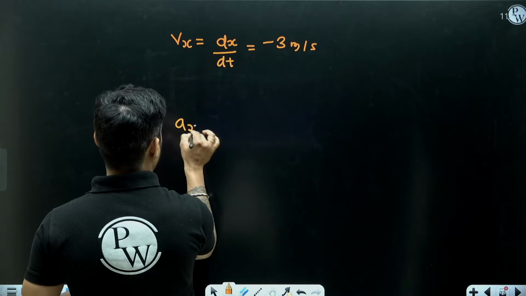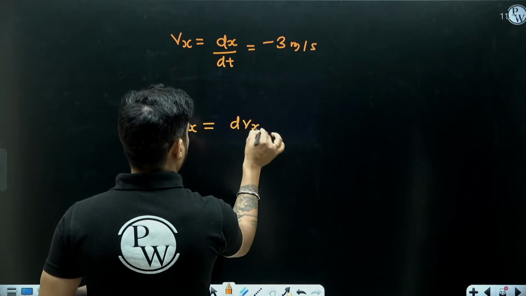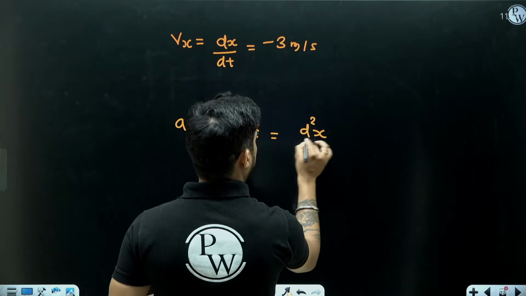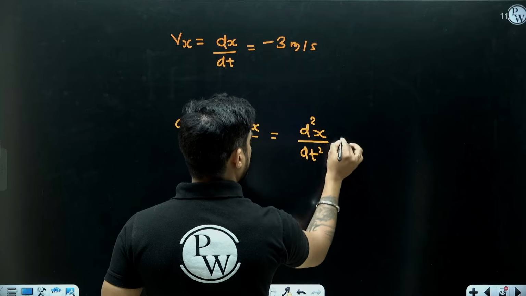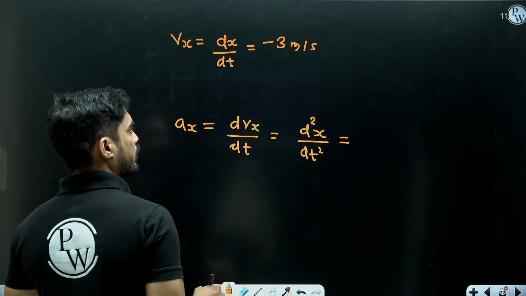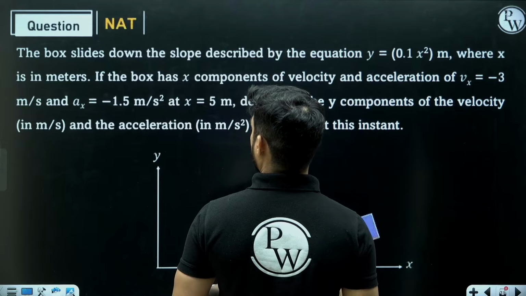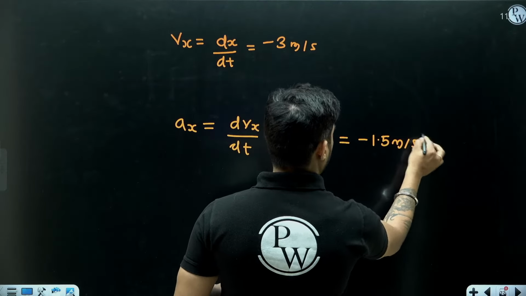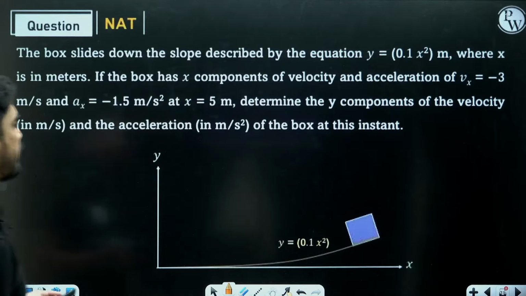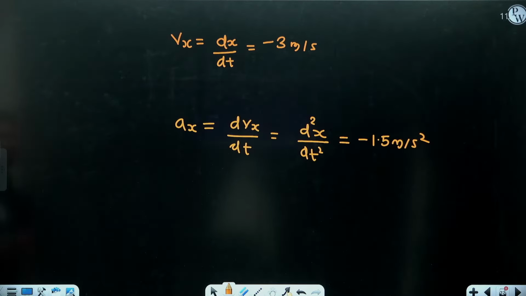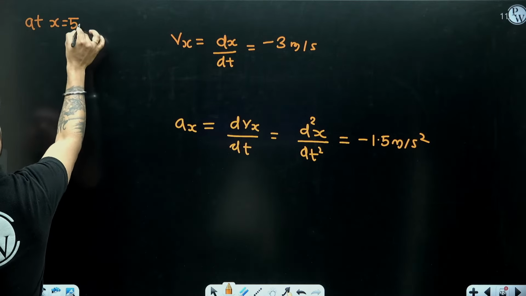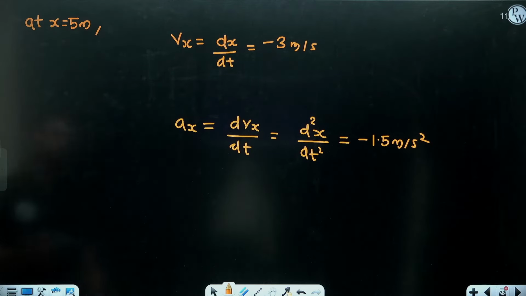Ax is dvx by dt, which will be d square x by dt square, right? And this is minus 1.5 meter per second square at x equals to 5 meter.